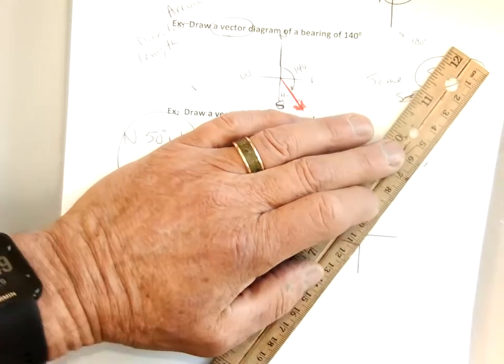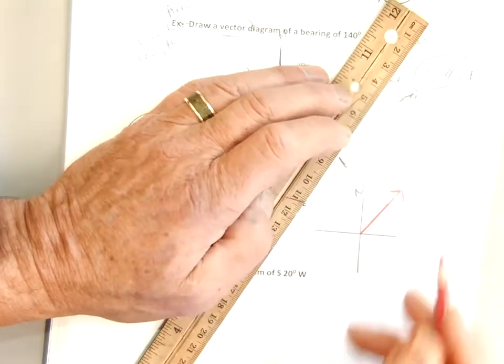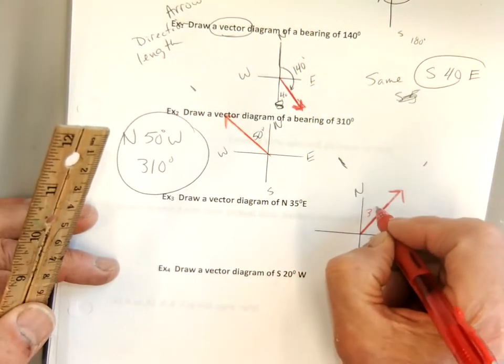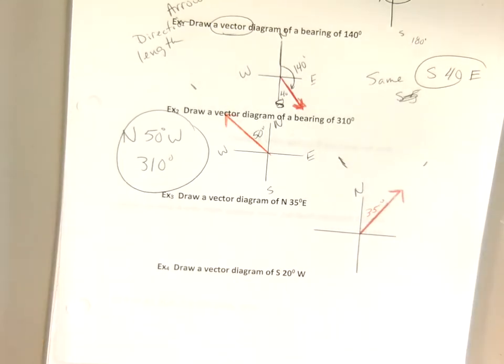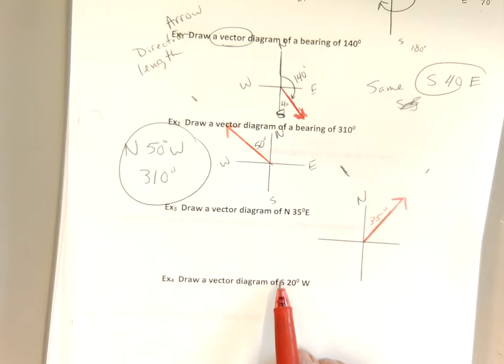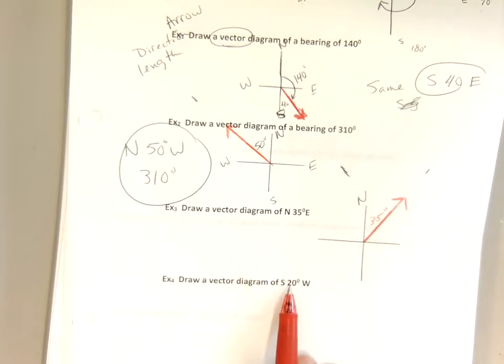Not too hard so far. Everybody agree? Okay, there's my vector, and I know this is 35 degrees. So with bearing, it's always north or south to start. Never east or west, okay? You always either look north or you look south, then rotate.